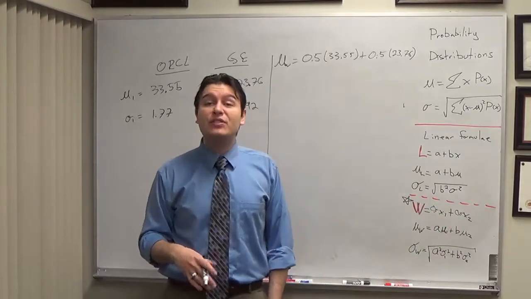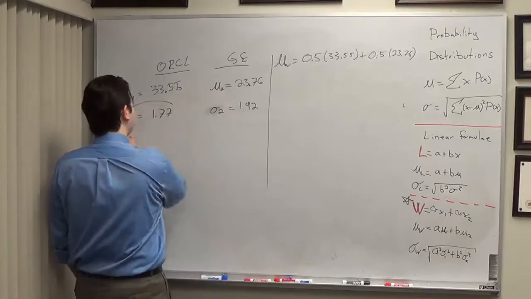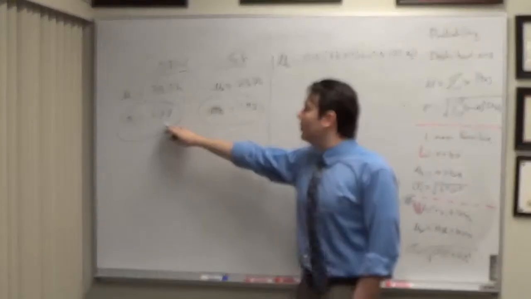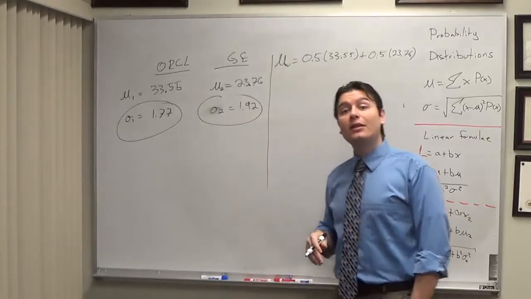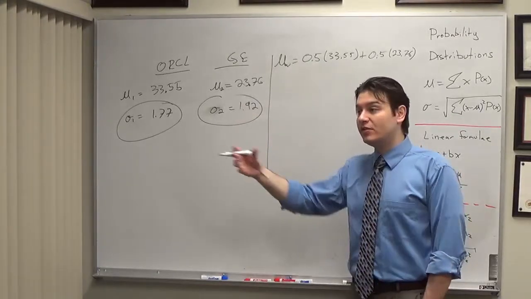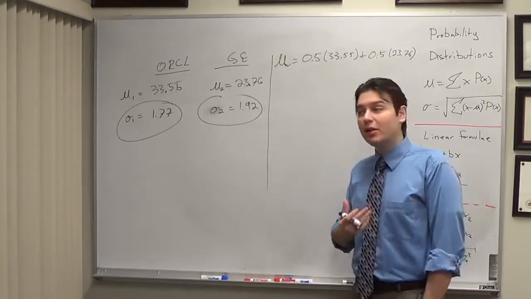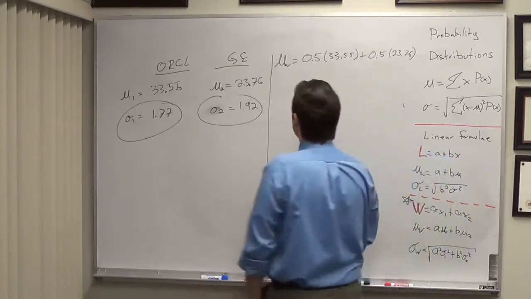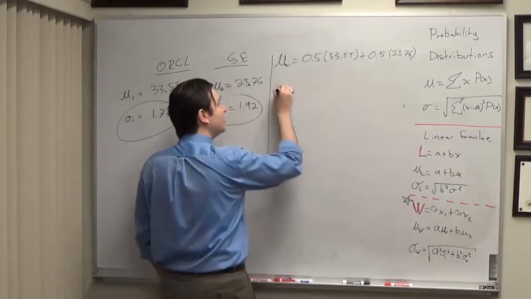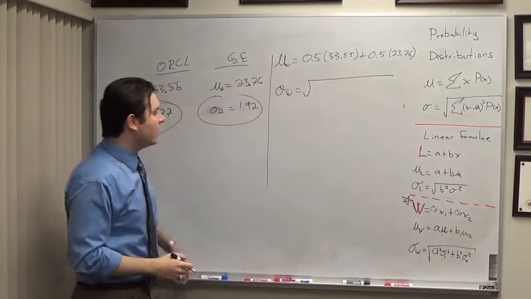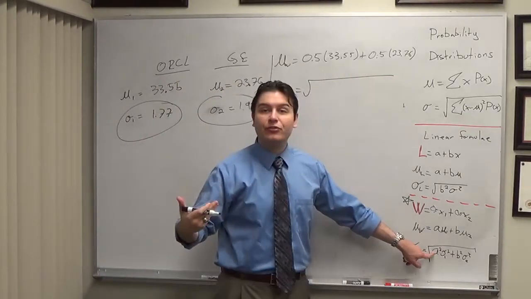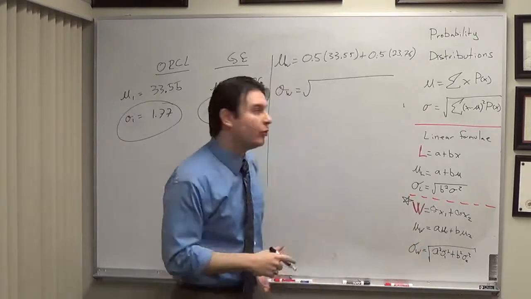But let's see what happens to my risk. Remember, risk was 1.77 here. It was 1.92 here. Let's see what happens to the combined risk once I bought 1 share of one and 1 share of the other, and I'm now holding those combined in my portfolio. Well, we're going to have to follow this sigma W calculation, which says this. I take how much in my first group I'm taking. I'm taking half from Oracle.